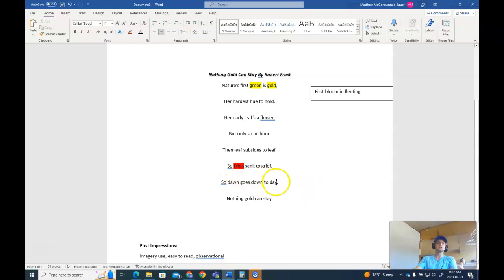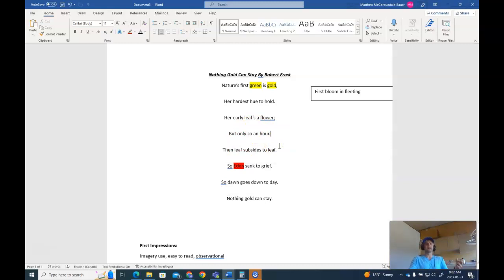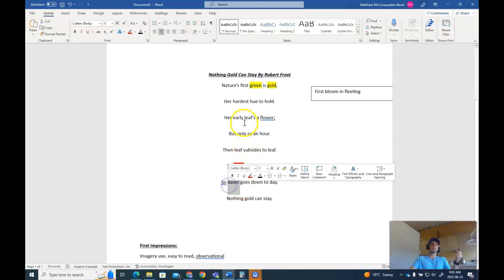So dawn goes down today. Once again, we got sunrise linked to the early flower and the first green, this brilliance of the first instance, and then it goes down to day. Now, see how Frost isn't talking about the crunchy leaf in fall time.